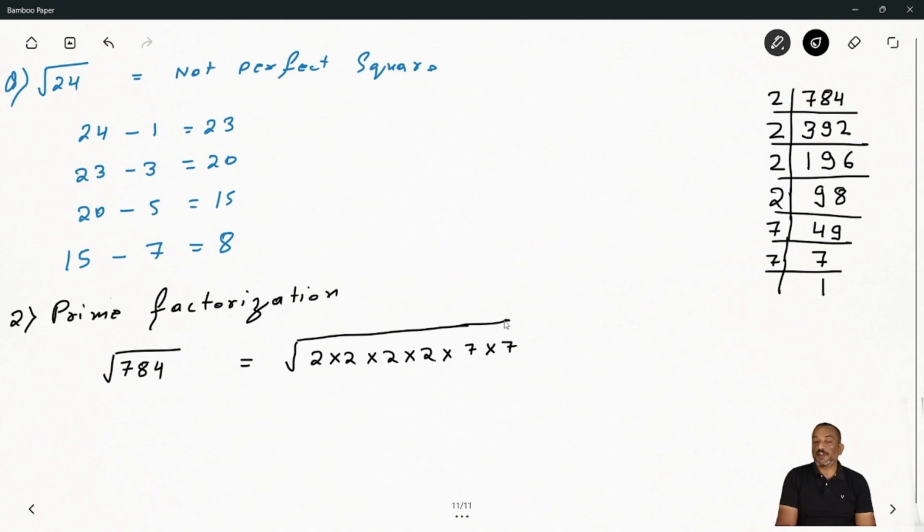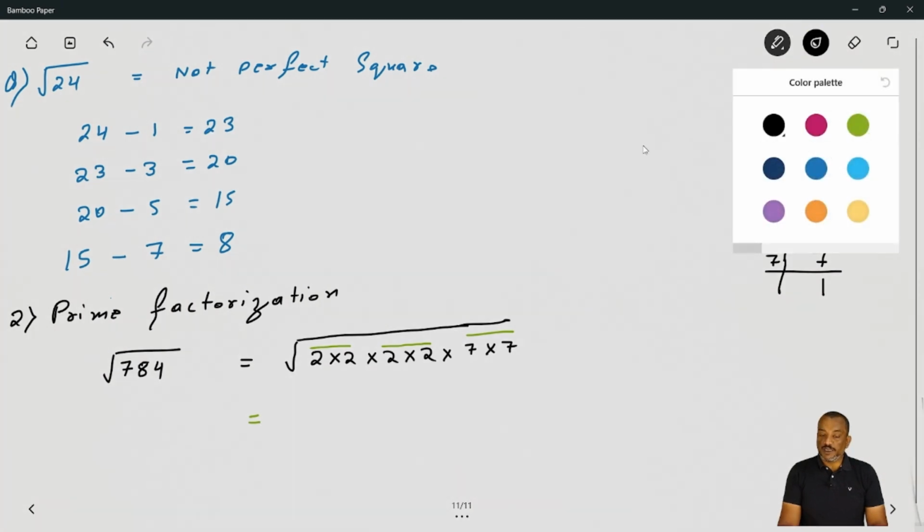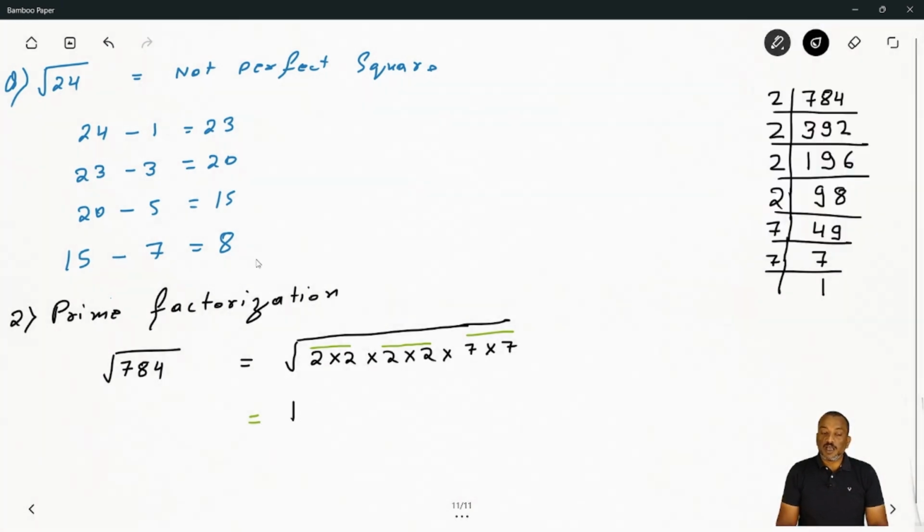So here while you are writing all the factors of a number, we will check their pairs. You can see this 2 is coming in a pair, this 2 is also coming in a pair, and this 2 is also coming in a pair. So the numbers in pairs will come outside. From this square root, what are the numbers that will come outside?